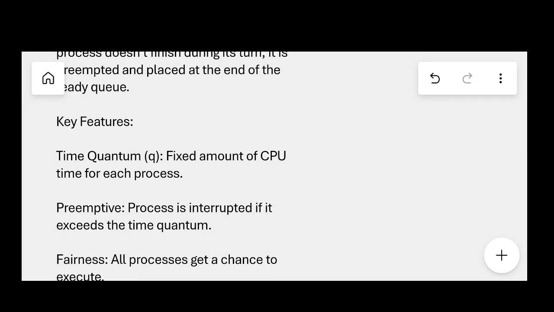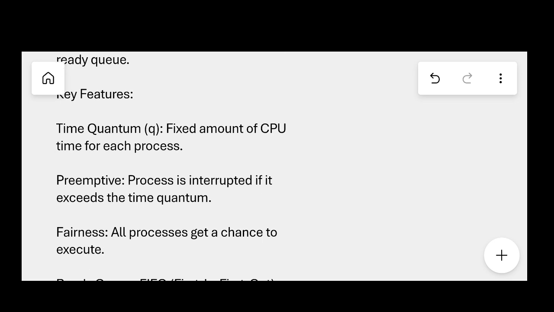Before we go to the example, here are the main points you should remember. First, time quantum: each process gets a time slice, or time quantum. Preemptive: RR is preemptive, meaning a process can be interrupted if it uses up its time quantum.